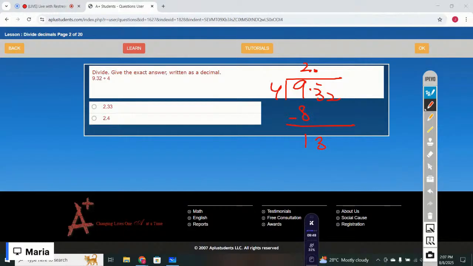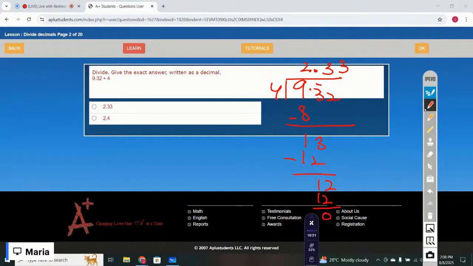4 times 3 is 12. 13 take away 12 is 1. Now bring the next digit down. 4 times 3 is 12.